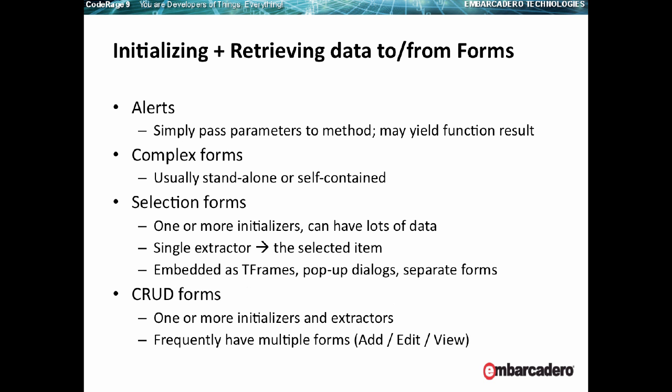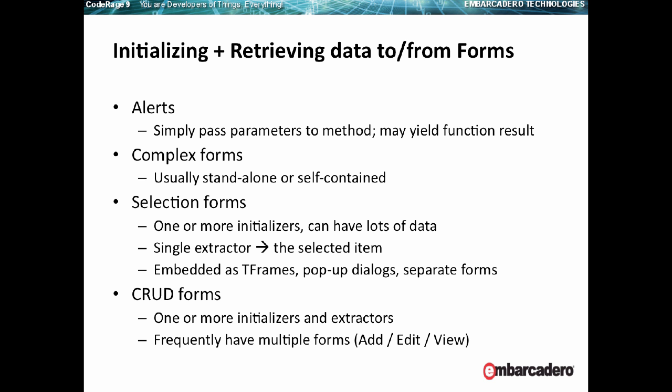We're initializing and retrieving data to and from forms. When we're dealing with alerts, we simply pass parameters to a method, okay, like ShowMessage. And if you use something like MessageDlg, it may get a function result returned. With complex forms, they're usually standalone or self-contained. There's not much else to deal with. Selection forms will have one or more initializers, and they can have a lot of data in them, thousands of things to search from.